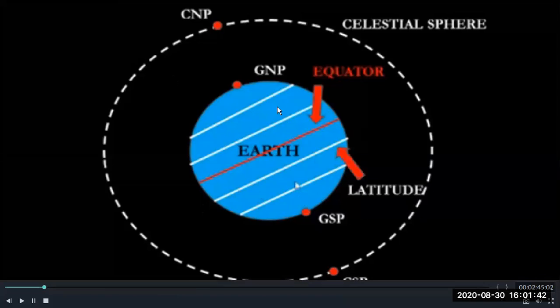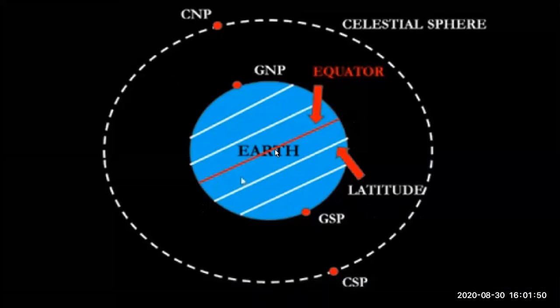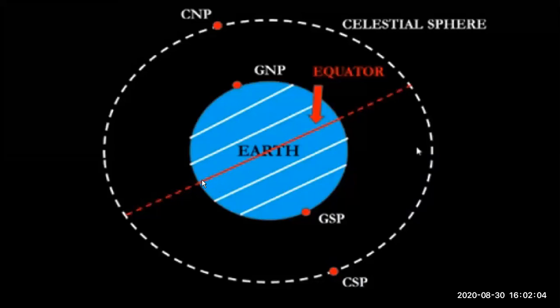Then we have latitudes. So this is the equator and these are latitudes on the earth, we know. And after expanding the equator up to the celestial sphere, the great circle which is a parallel of the equator of the earth is called the equinoctial, which is the expanded equator of the earth on the celestial sphere.